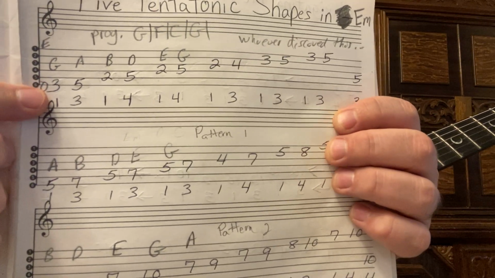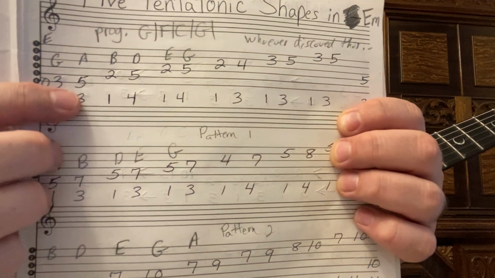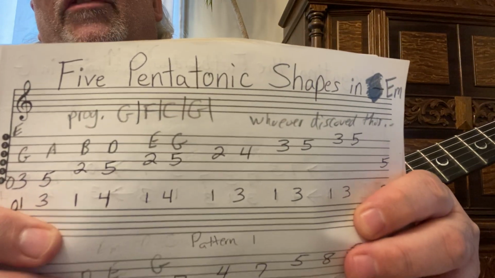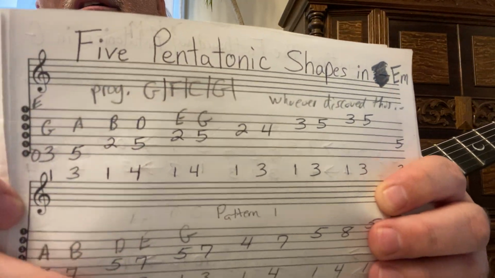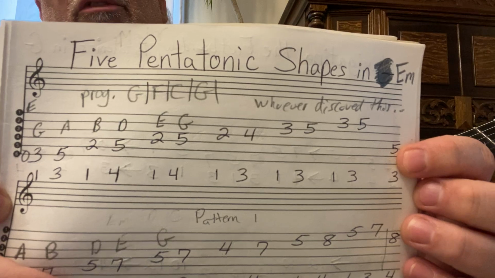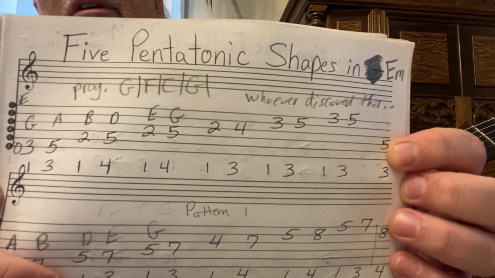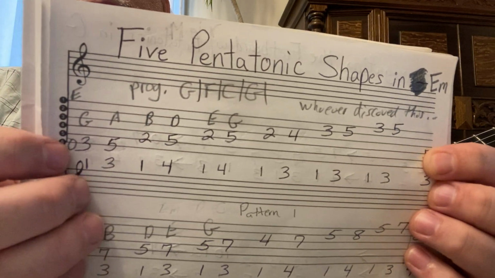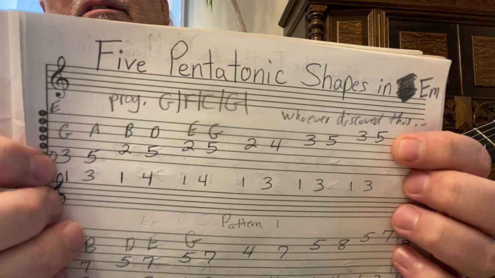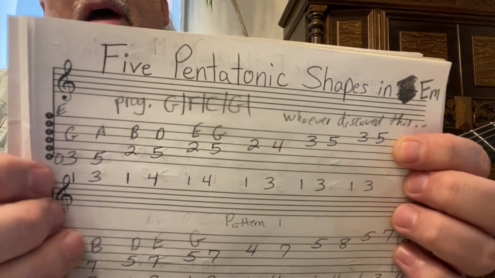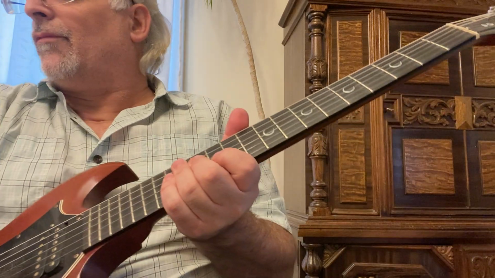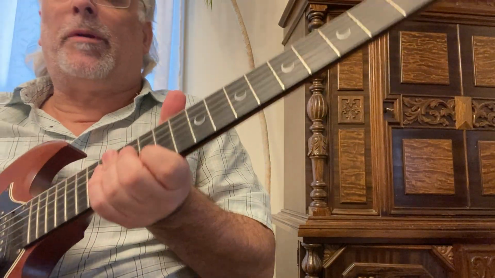First pentatonic shape, 5 different notes. There you go. You can play that last note if you want. I don't know why I have it on there. But you can go from the E to that A and then back. Okay, so that's the open.